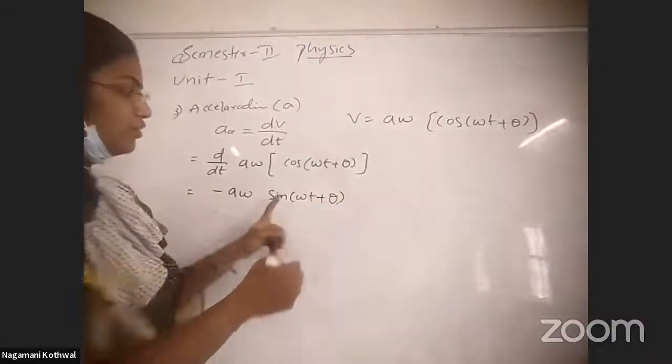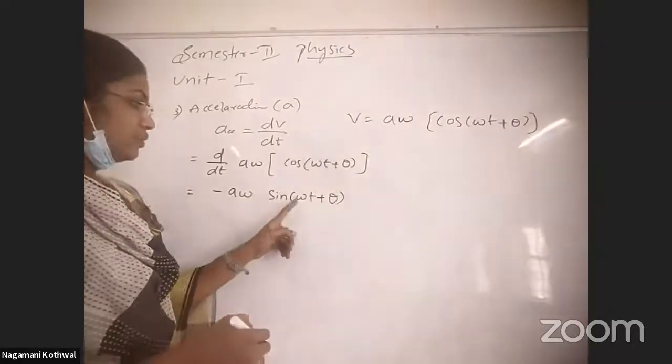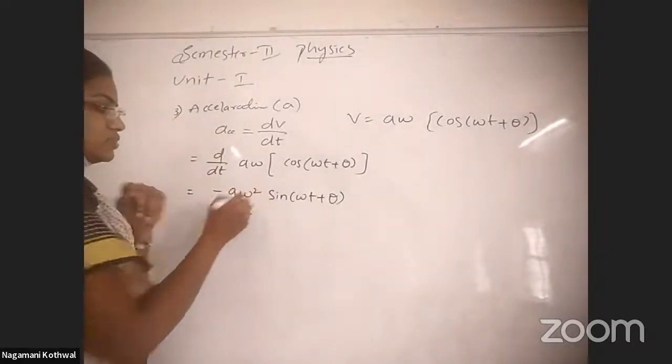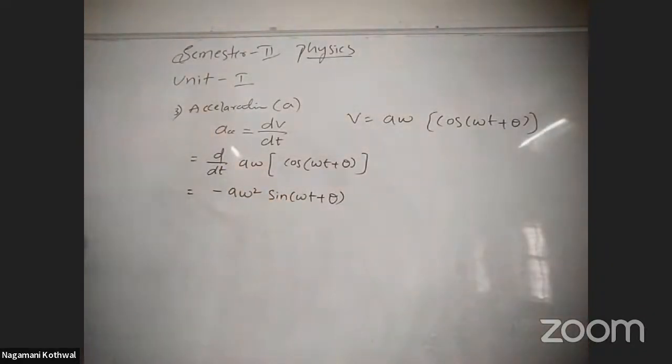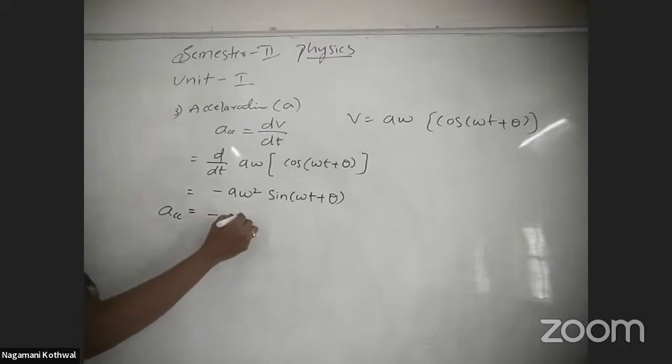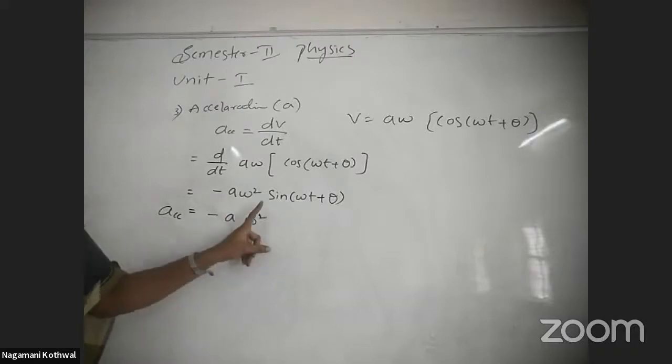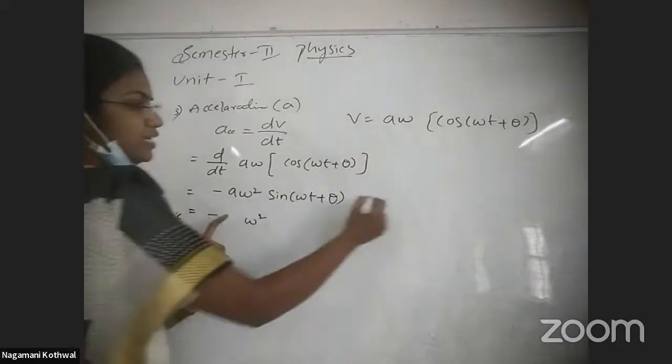Sine of omega t plus theta. If you differentiate again, you will get one more omega, that is omega square. And acceleration is equal to minus a omega square sine omega t.